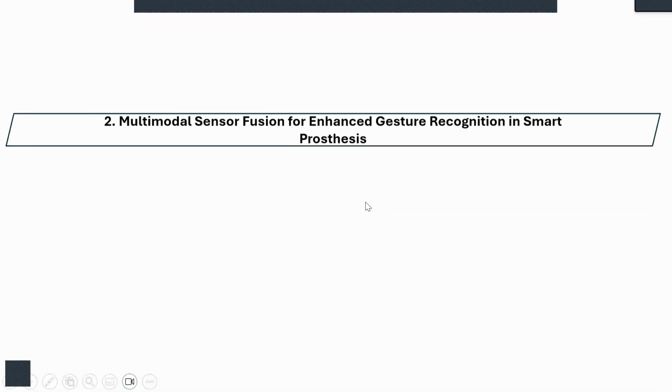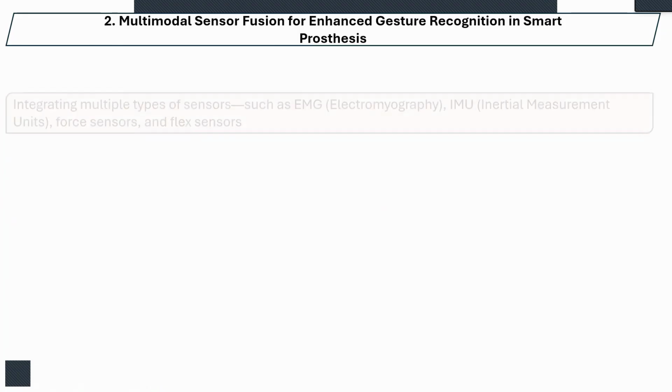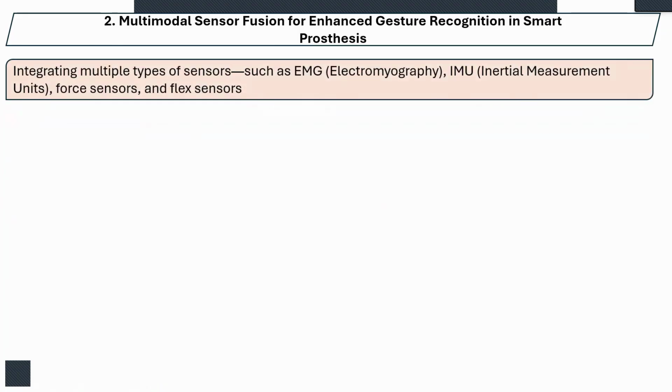Moving on to the second idea, multimodal sensor fusion for enhanced gesture recognition in smart prosthesis. So here it focuses on integrating multiple types of sensors such as EMG, that is electromyography, IMU, inertial measurement units, force sensors and flex sensors into a wrist disarticulation prosthesis to accurately recognize the user's intent and gesture.